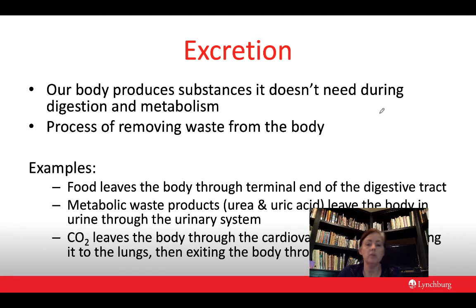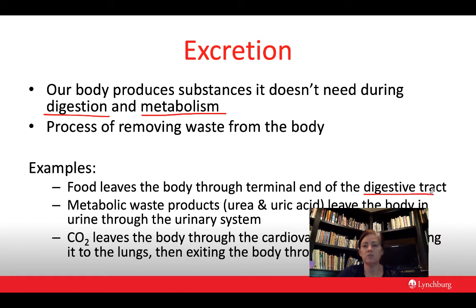Excretion, which is the process of getting rid of substances that our body doesn't need. So we have waste products from digestion, and we have metabolic waste products that our body just doesn't need to hold on to. So we're going to excrete those byproducts. And we're going to do that a few different ways. So we had already talked about this before.